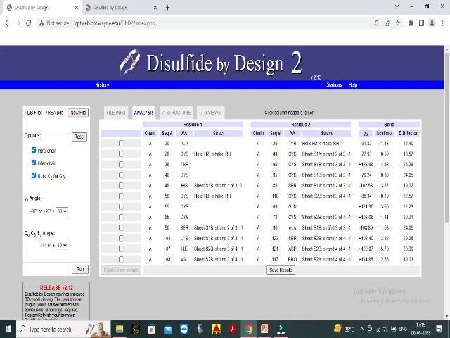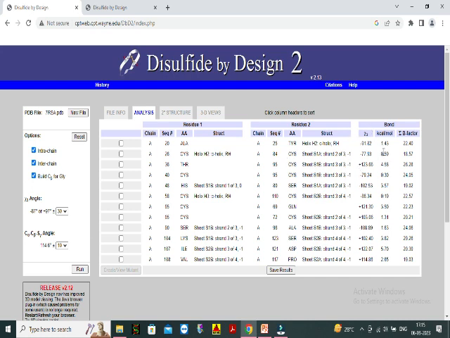It is very important to remember that the value of the torsion angle shows the high probability of disulfide bond formation. As you can see, this positive value means this amino acid has more capacity to form the disulfide linkage.